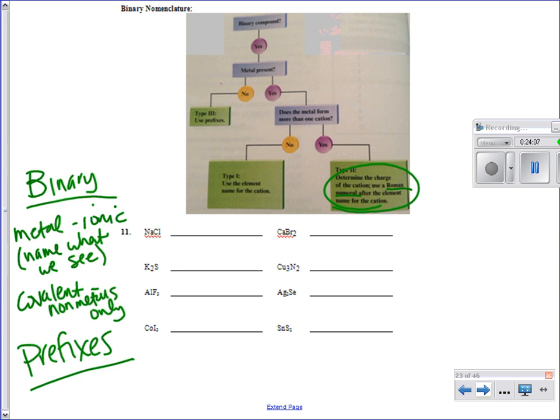Okay? All right, so everything on this list, nicely enough, is all ionic. You see how they're all metal and non-metal combinations. That's not going to happen all the time. I'm just giving you practice here. So since they're ionics, we just name what we see. And if it's a metal that has more than one charge, we put in a Roman numeral. Got it?